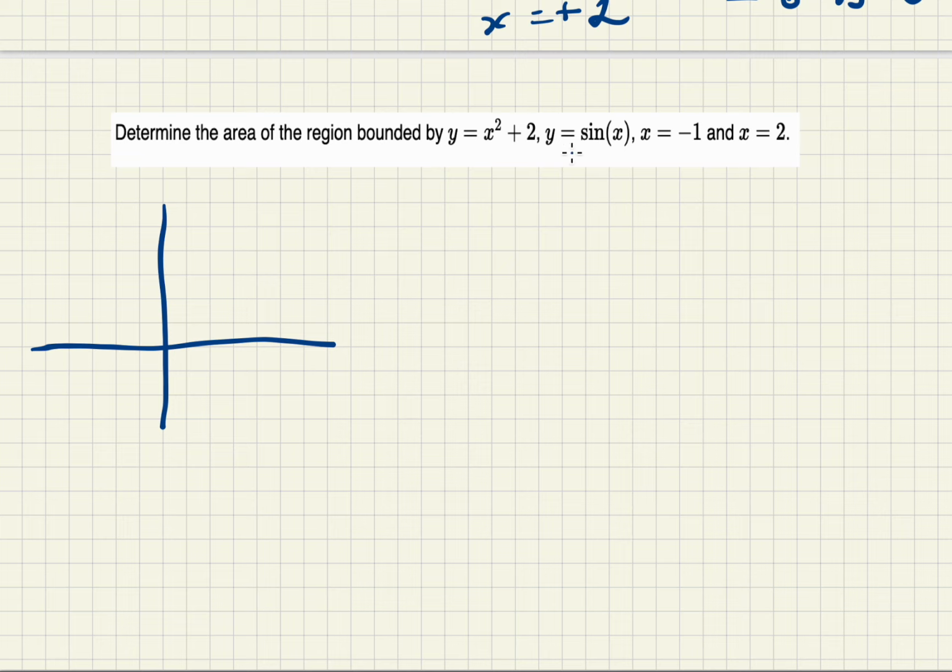So as always, our first step is creating our graph. In this case, since two x values are defined, we can assume that those are our bounds.